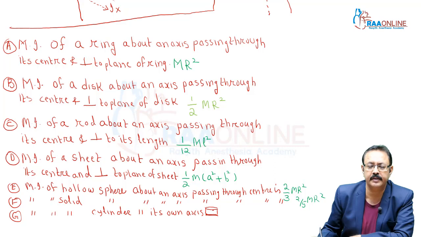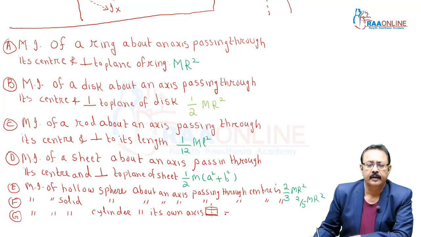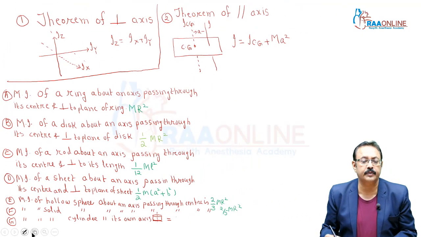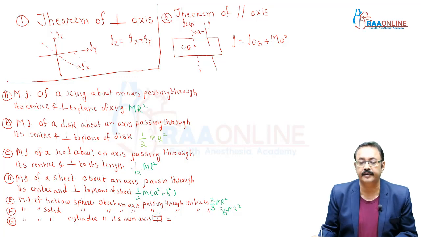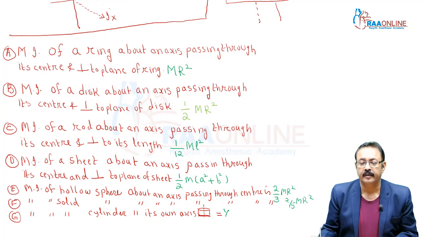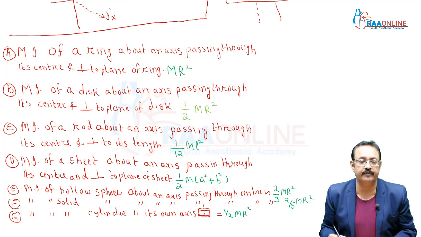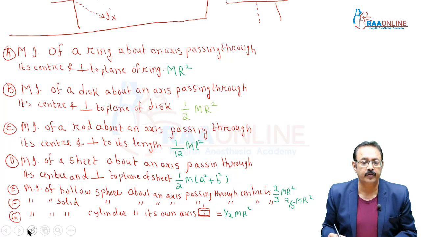Its own axis means this axis. If it is solid, then it is half m r square, like a disk. Remember, like a disk, it is half m r square. A disk is the part of a solid cylinder, so learn in that way. And for hollow, if you take a cross section of a hollow cylinder, you will get a ring.